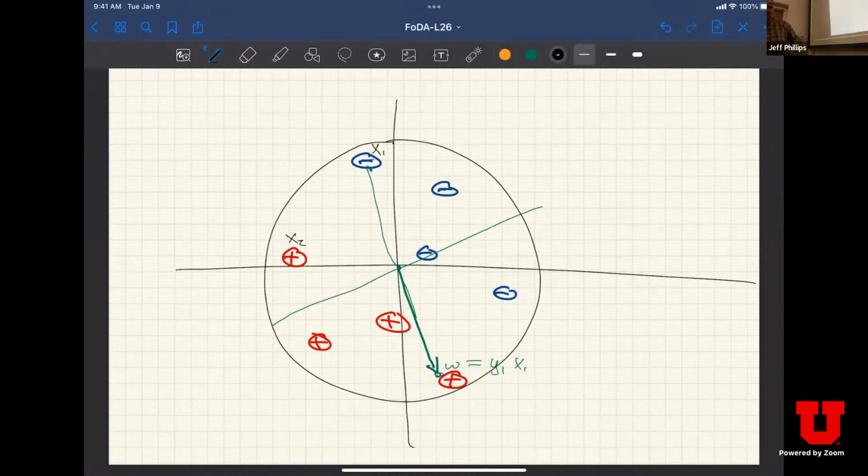I have to pick a misclassified point. That plus point is misclassified, so let's pick that one. I'm going to add x2 as a vector onto here, plus x2. y2 is +1, so I don't do anything else. And now this is my updated W.